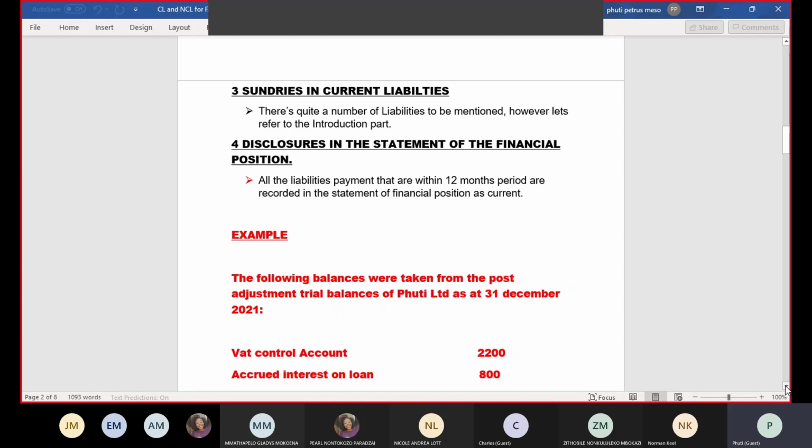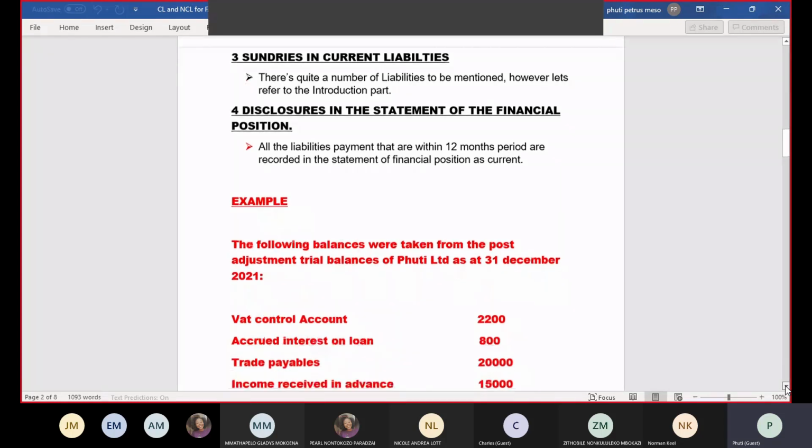So all the liabilities that we have identified as current in the beginning, when you disclose them under the statement of financial position, you're going to have them under what's called current liabilities, and then you put them there.